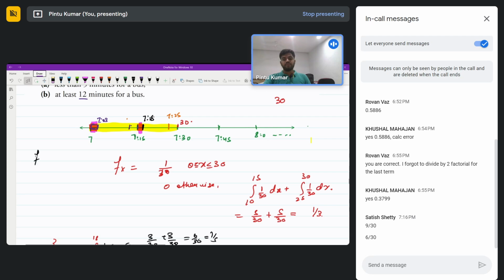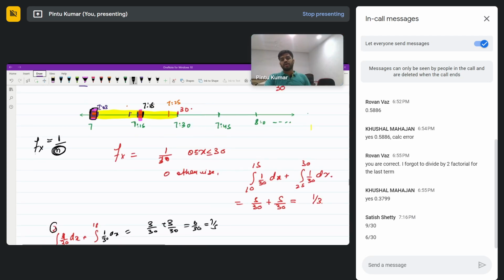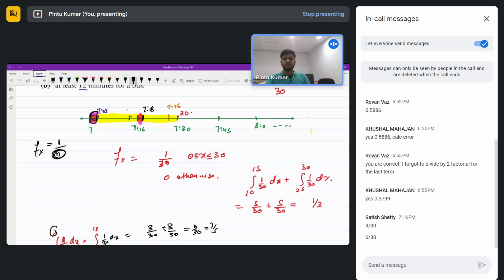We are thinking of the probability density function, not the CDF, but the PDF as 1 by n, where n is the length of the interval. But in calculation, we are using the CDF when we want the interval. If you want to calculate the probability of this interval, then we will have bounds to be the endpoints of that interval. So you can also do it via CDF, where you calculate CDF at this point minus CDF at this point. That is also a way.